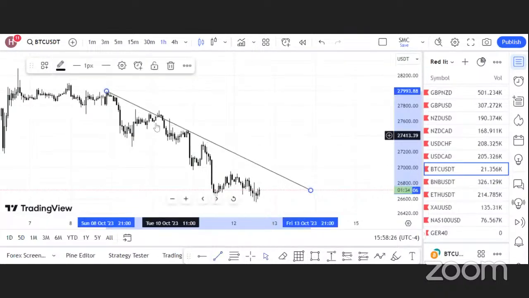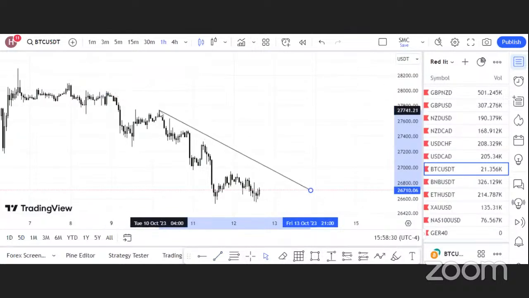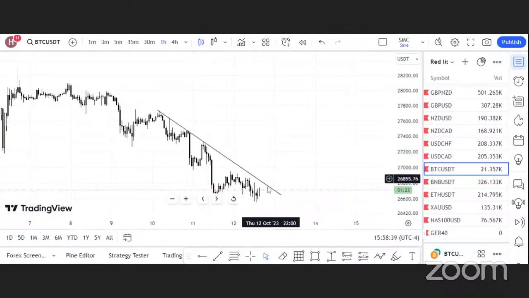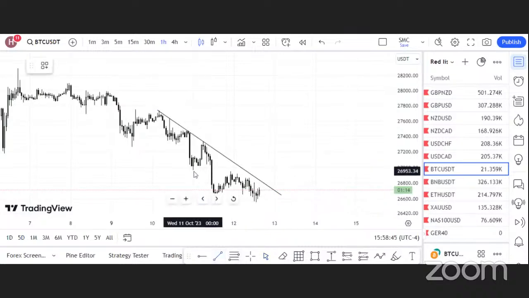So we have a downtrend here, and you see the market is currently approaching this line again. Then we have this break of structure to the downside.